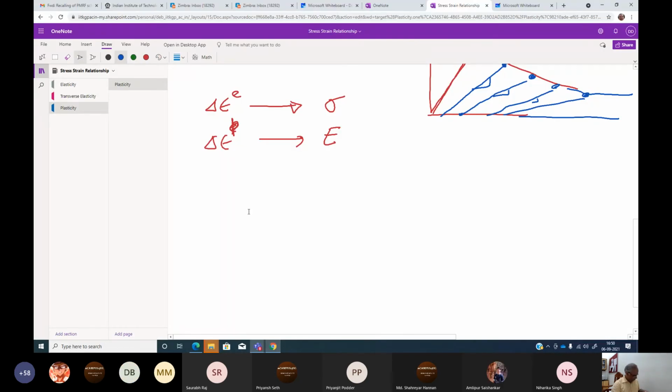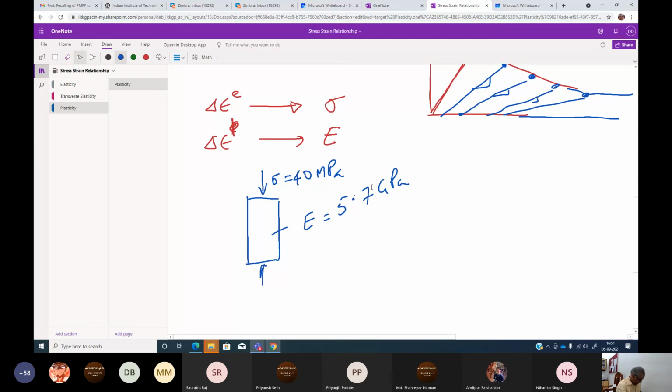Let's say I am testing a cylindrical sample, and the stress on this is 40 MPa. Modulus of elasticity is 5.7 GPa. Poisson's ratio is 0.28.